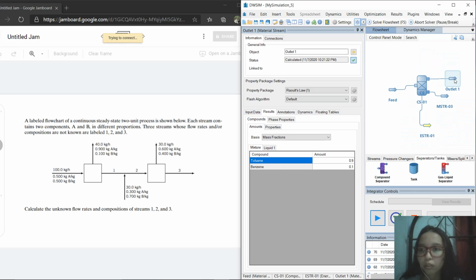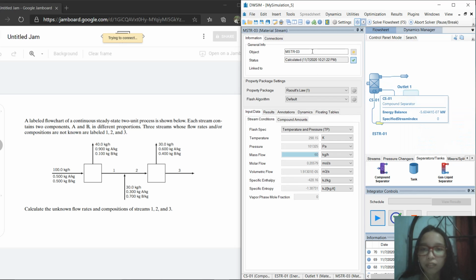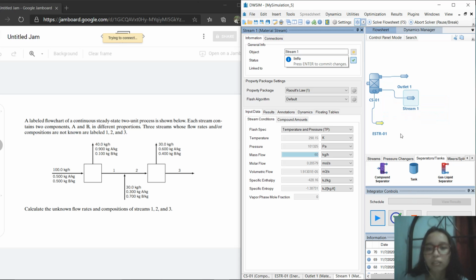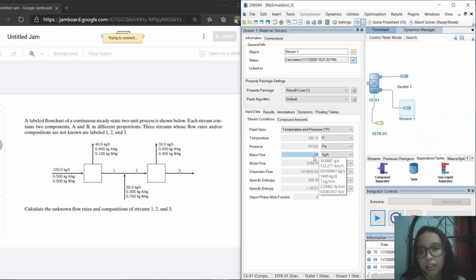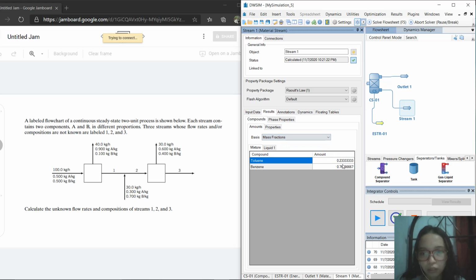So we inputted the correct values, and finally we have the stream 1 here. So we already have the mass flow rate of stream 1, and the mass fraction of stream 1, which is 20% A and 77% B.